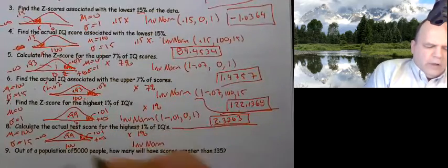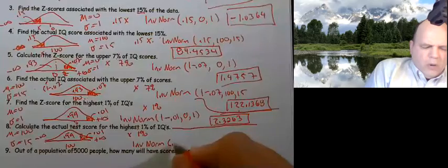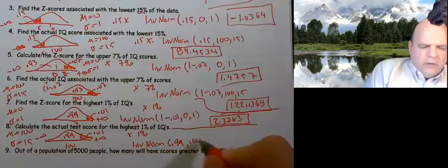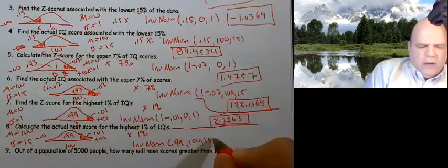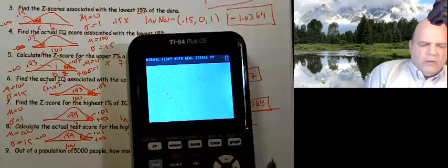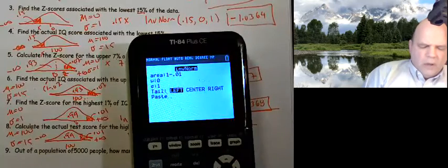So in the calculator, inverse norm, 0.99, or if you prefer, 1 minus 0.01, mean of 100, standard deviation of 15. Second vars, inverse norm, 0.99, mean of 100, standard deviation of 15.